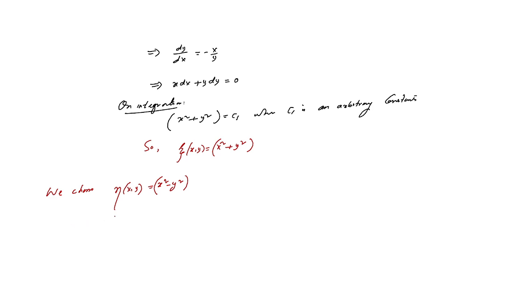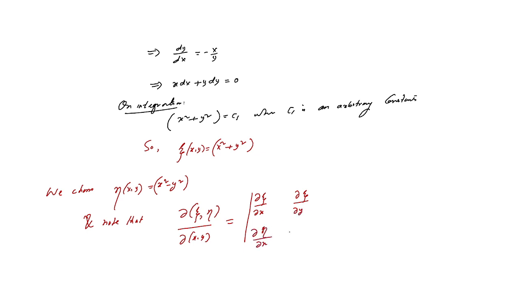We choose this, and note that the Jacobian ∂(ξ,η)/∂(x,y) will be non-zero. So this will be the determinant of ∂ξ/∂x, ∂ξ/∂y, ∂η/∂x, ∂η/∂y. So ∂ξ/∂x is 2x, ∂ξ/∂y is 2y, ∂η/∂x is 2x, and ∂η/∂y is -2y.